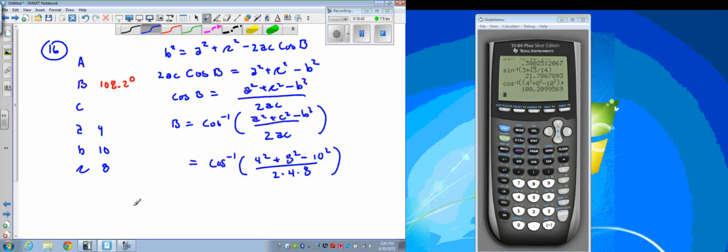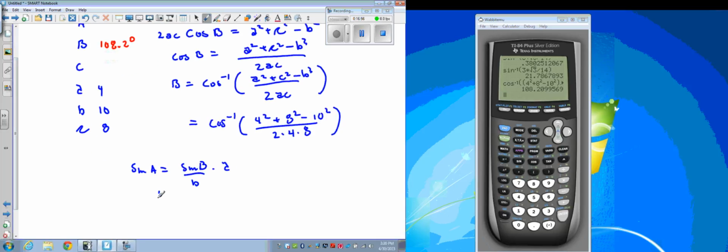So it's going to be sine of A, and I'm going to do it this way: sine of B over B times little a. So A is going to be the sine inverse of that thing right there.